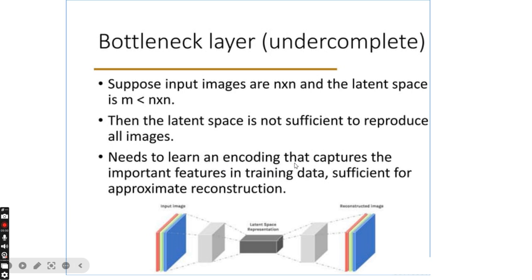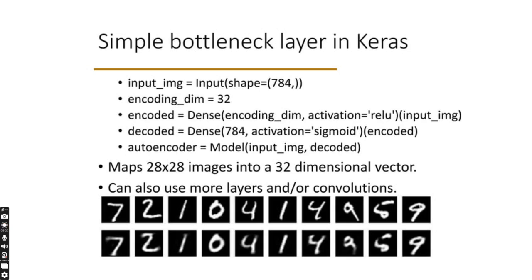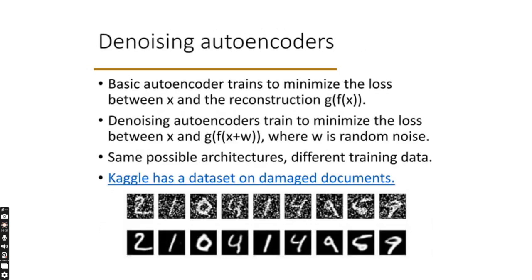So it needs to learn an encoding that captures the important features in the training data, sufficient for approximate reconstruction. This is what we get left out. And here is a simple bottleneck layer in Keras, for your understanding: 28 by 28 images into 32 values.